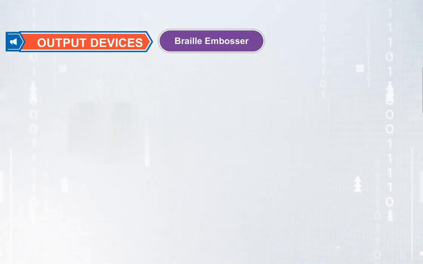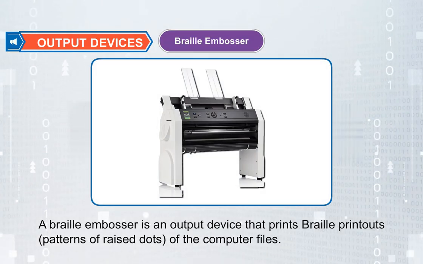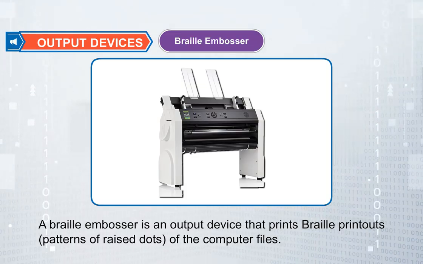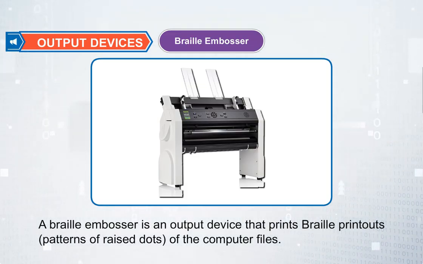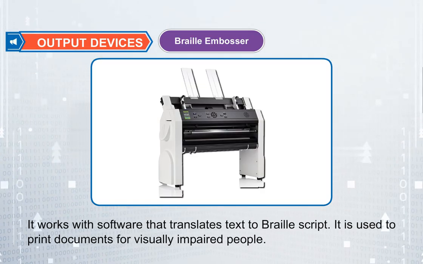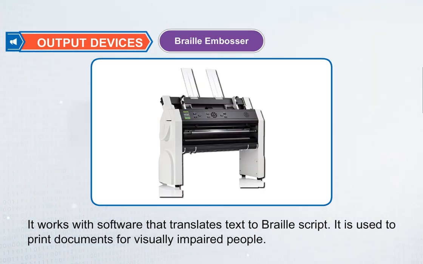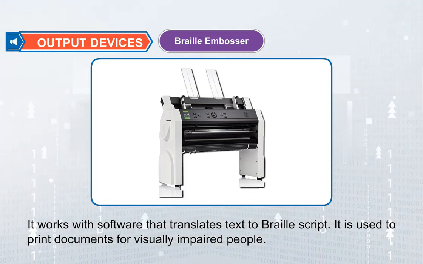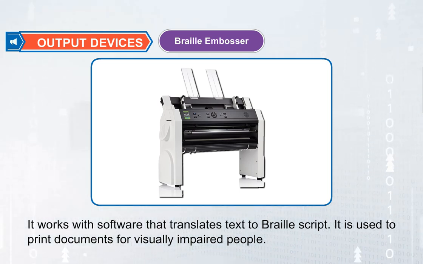Braille embosser. A braille embosser is an output device that prints braille printouts, patterns of raised dots, of the computer files. It works with software that translates text to braille script. It is used to print documents for visually impaired people.